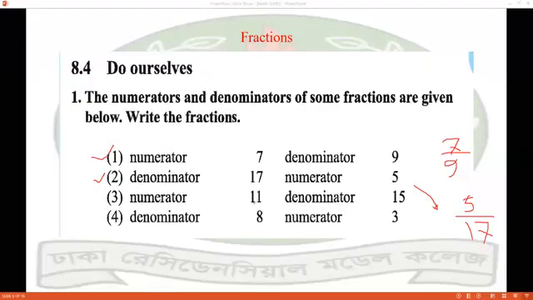In number 3, the denominator is 15 and the numerator is 11. In number 4, the denominator is 8 and the numerator is 3. In this way, we can make the fraction when the numerator and denominator are given.